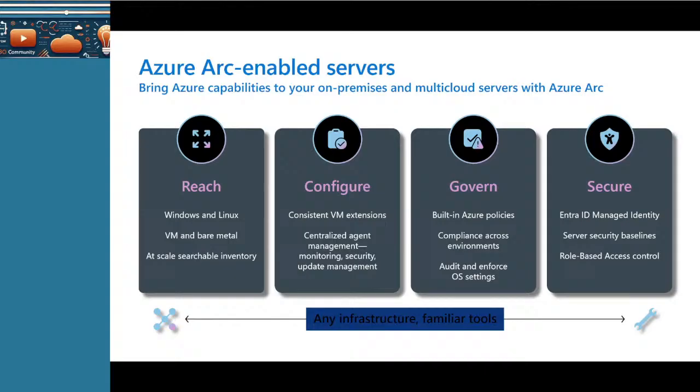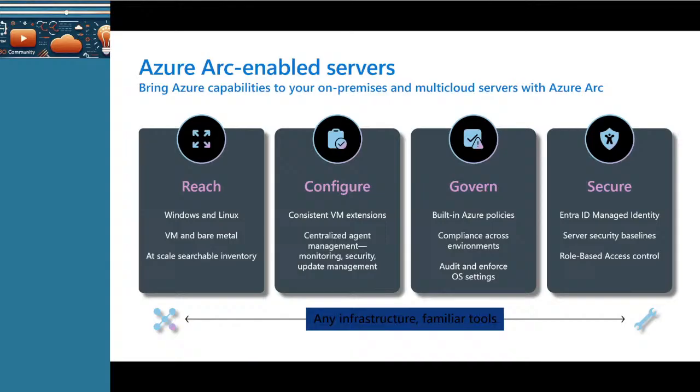Similarly, once your machines are onboarded to Arc, just like you create Azure policies for native IaaS virtual machines, you can create policies. So one example I could give: let's say you want all your Arc machines, let's call them your on-premise machines, the moment they get onboarded to Arc, to be enrolled for Azure monitoring.